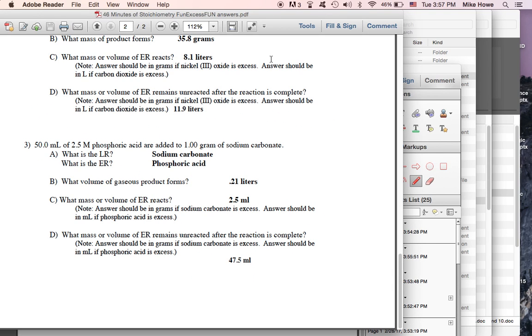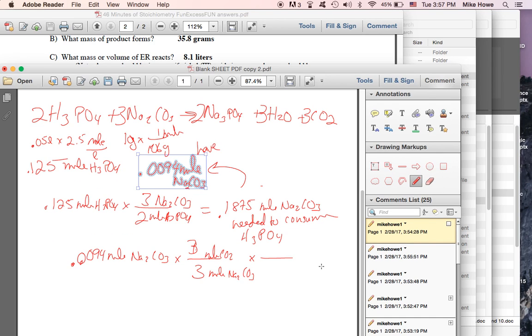We need liters of carbon dioxide because it says what volume. So we come over here. We know that if I put moles of carbon dioxide on the bottom and liters of carbon dioxide on the top, 1 mole is 22.4 liters.